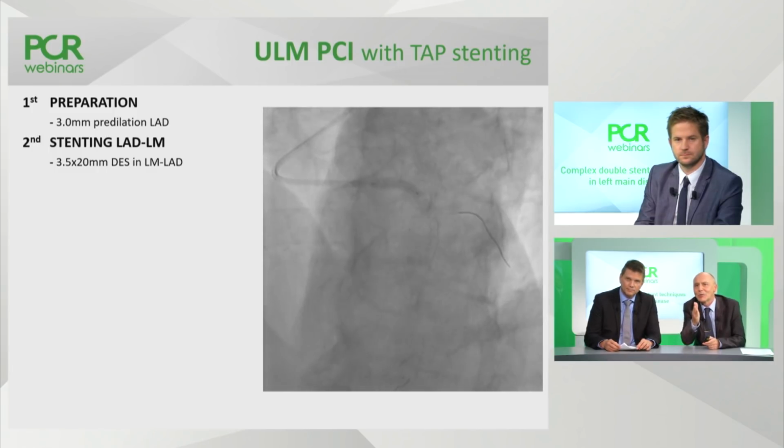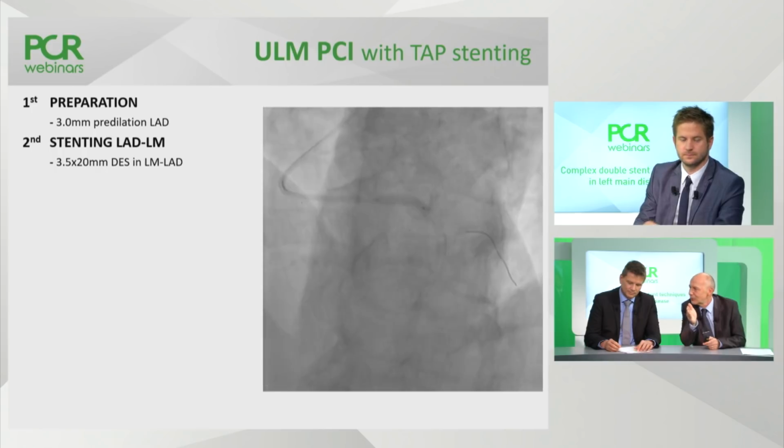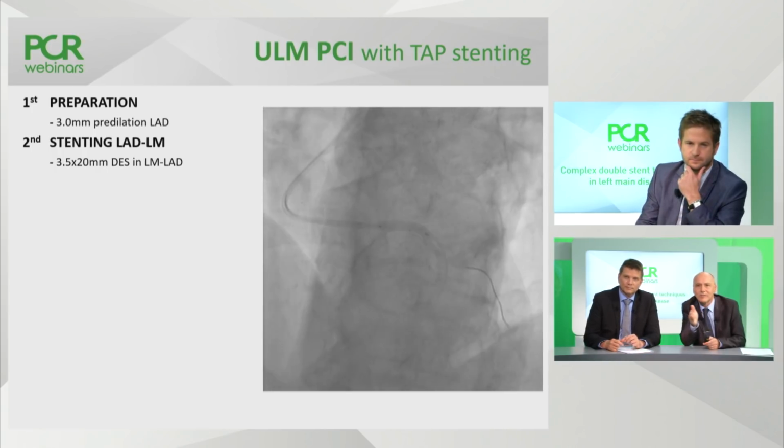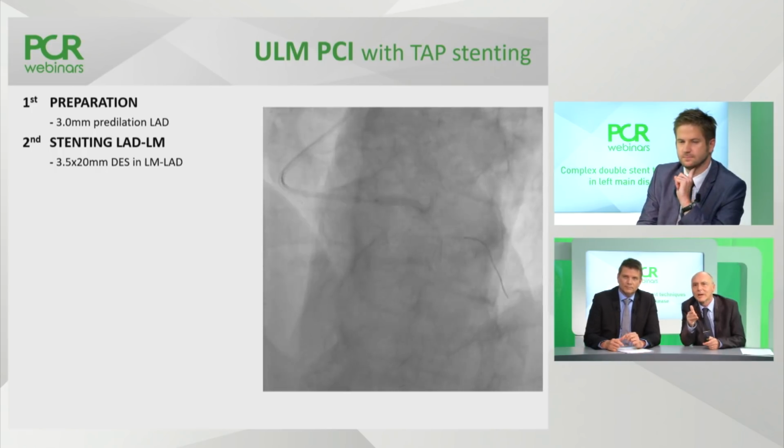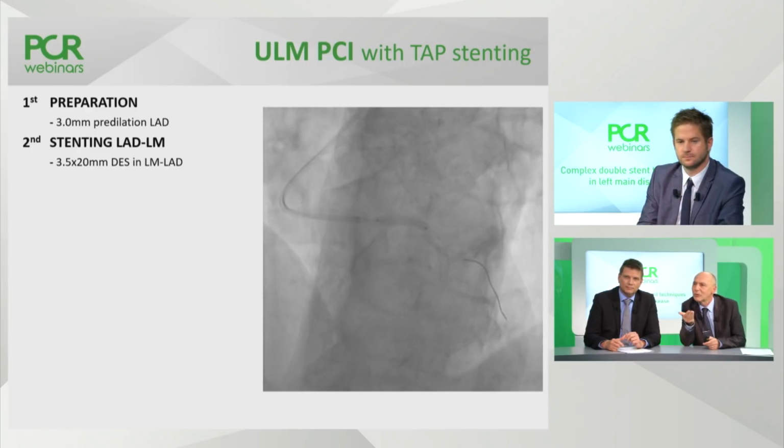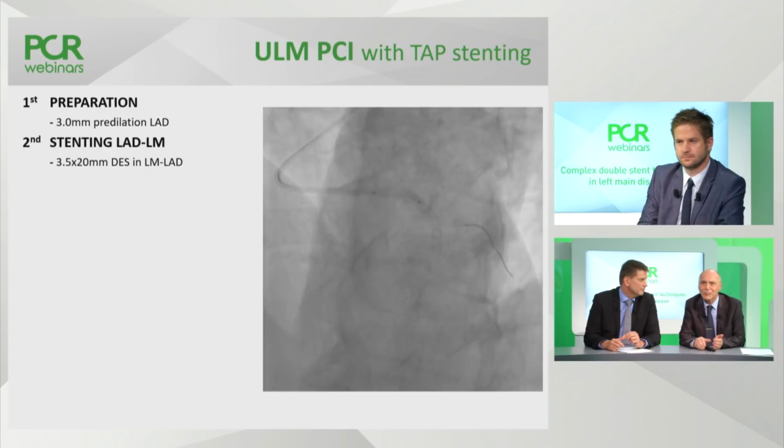And here, of course, it's really important to protrude and cover the whole left main, including the ostium. And again, I'm coming back to that cranial projection, which gives you the opportunity not to miss the ostium, which might also be very difficult, in particular if the left main is so short as in this case.